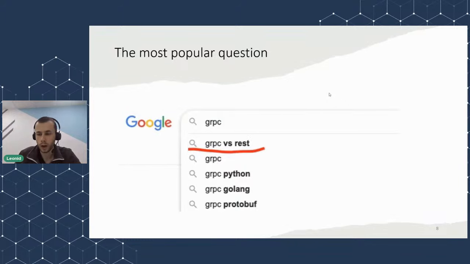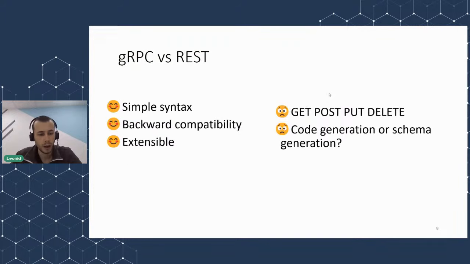So what I mean by that? When we are creating a gRPC service, we start with defining our services and messages with the protobuf file. And as you may know, or if you don't, I'll show you a bit later, it has really simple syntax. It gives us several cool features like backward compatibility and extensibility.